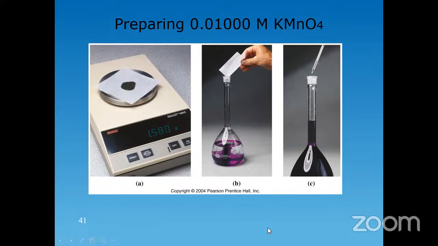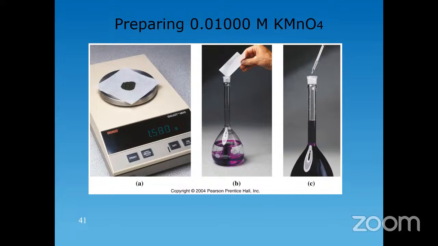And the way we go about this is that firstly, we have to determine the amount of solute. Since it's 1 liter, that means that the moles of the solute would have to be 0.01000 moles. Of course, we cannot measure that directly because we have to take into account the mass and the molar mass of the particular substance in order to determine the amount.